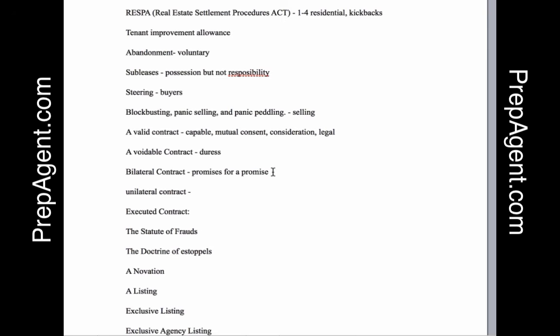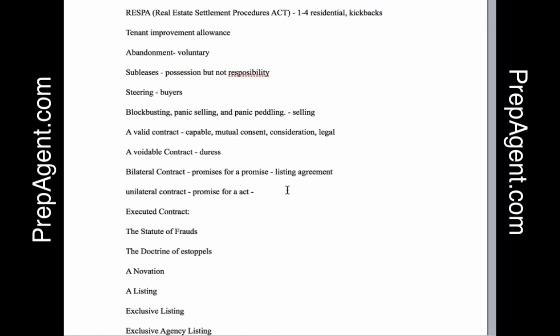You said promise for promise here. What would be the equivalent here? One promise. Promise for an act. But essentially what you're saying, it's one promise. There's only one promise. Two promises. Give me an example of a bilateral contract. A listing agreement. Perfect.